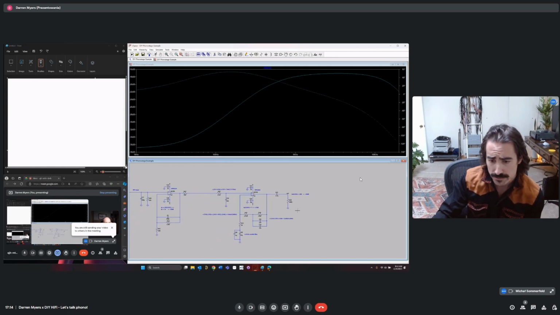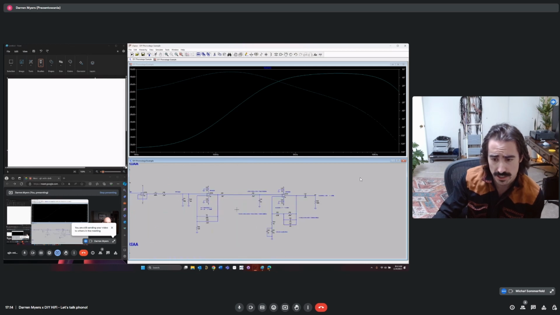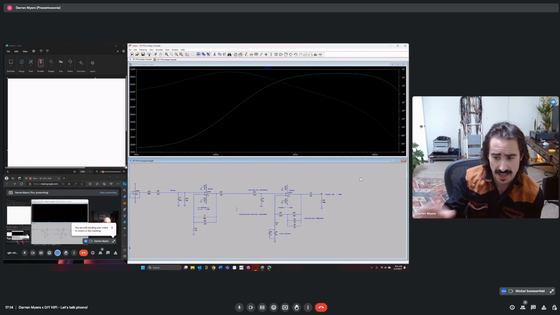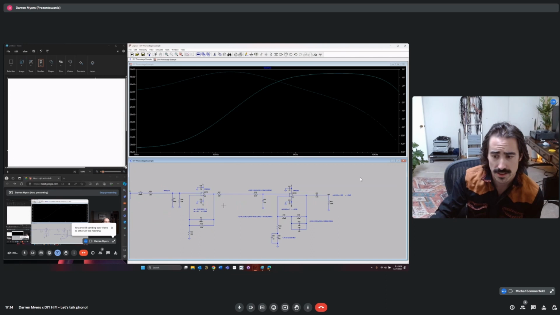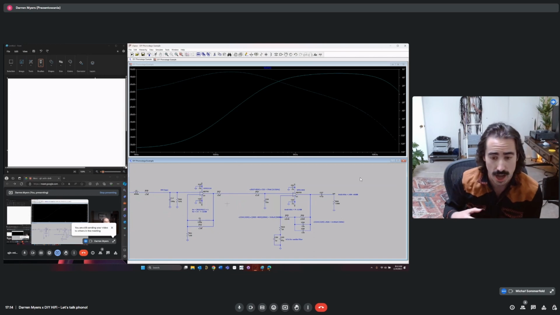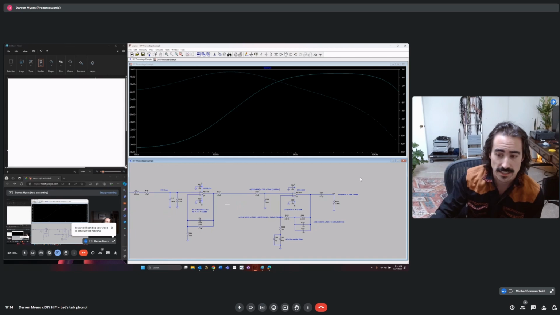Okay, so that is what we have for the general schematic here, the topology. And we do have to pick op-amps, and we could probably talk about op-amps for hours and hours and hours, but I just want to be really concise on what specs for op-amps you should be paying attention to.